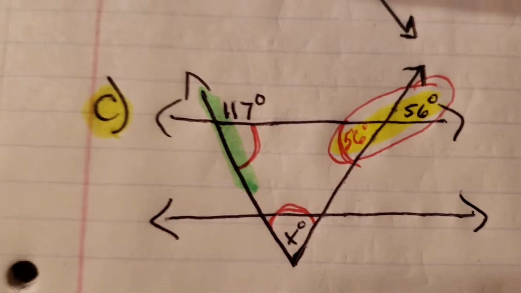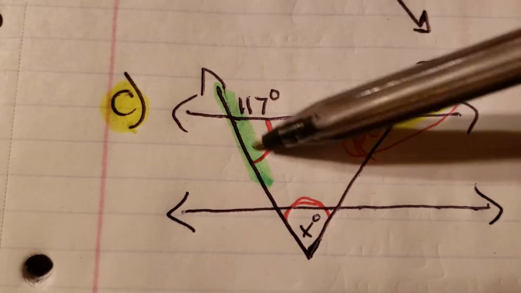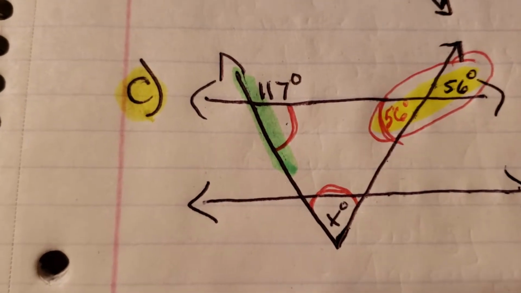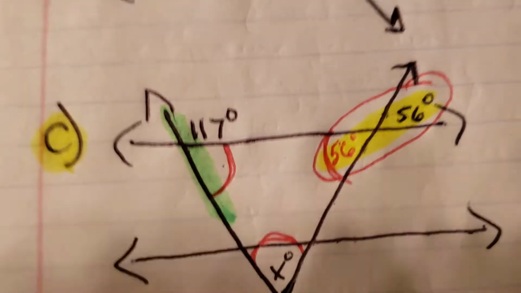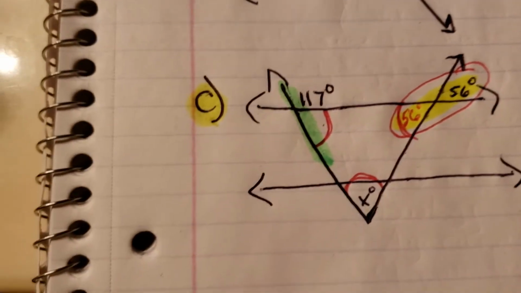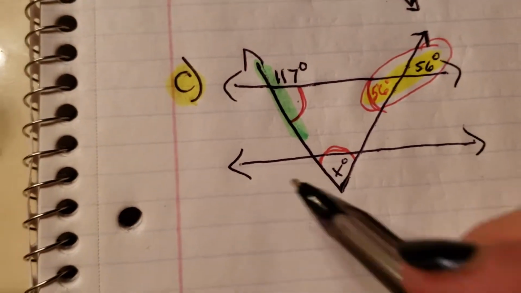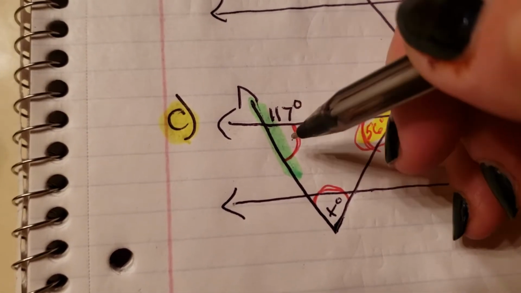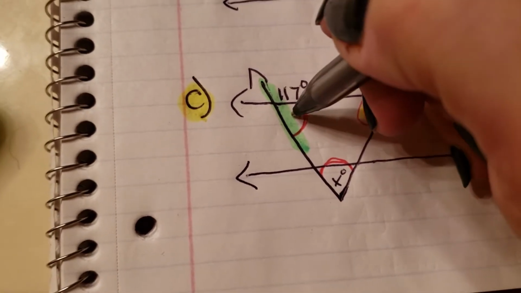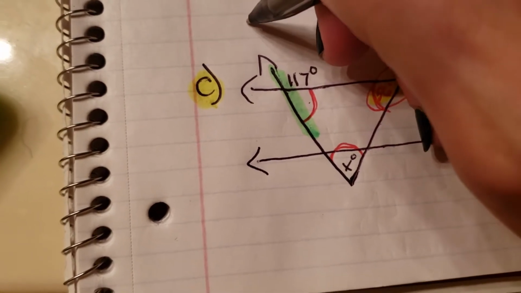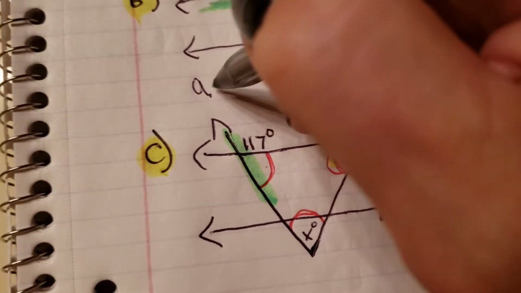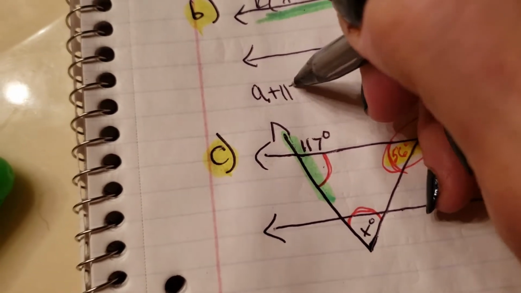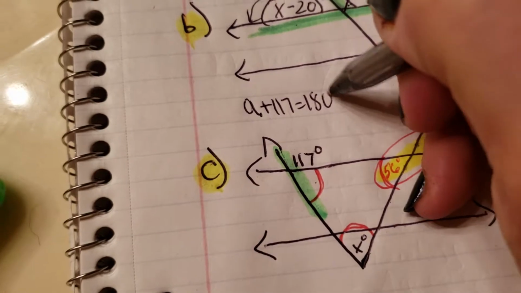So remember that this is considered supplementary. So 117 plus this is going to equal 180. So let's find out what that is then, okay? So we've got to do our math, and I'm going to go right above it so it's easy to see. So if I know that this angle, let's say we don't know what it is, so we'll just call it angle A, and I add that to this angle of 117 degrees, I know that has to equal 180 degrees.